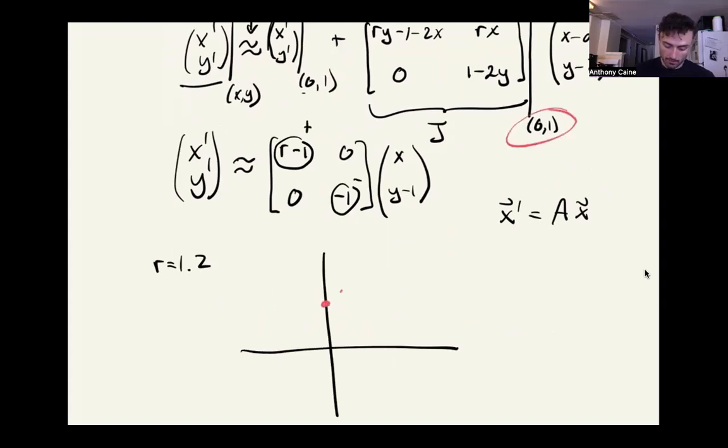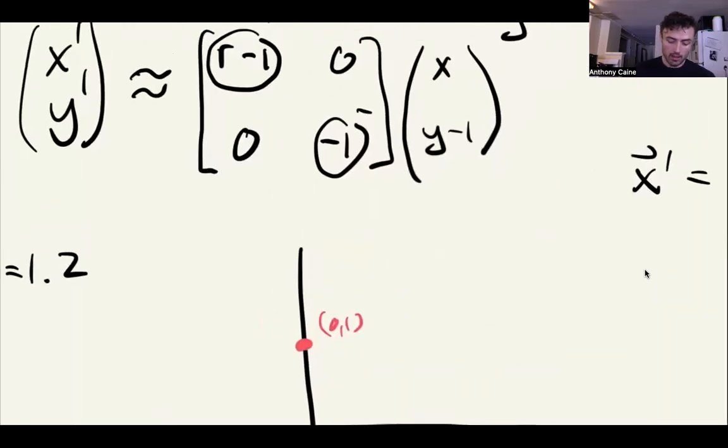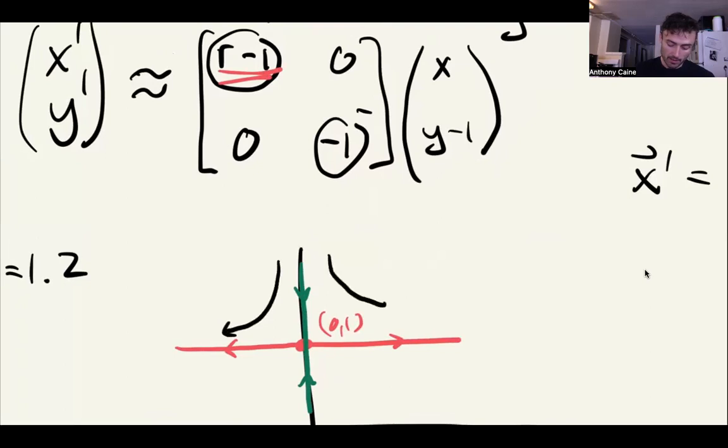It's 0, 1. In the x direction, we would flow away from the equilibrium because this value is positive. And in the y direction, we would flow towards the equilibrium because that value is negative, or the eigenvalue is negative, which means our net flow is going to look something like this.